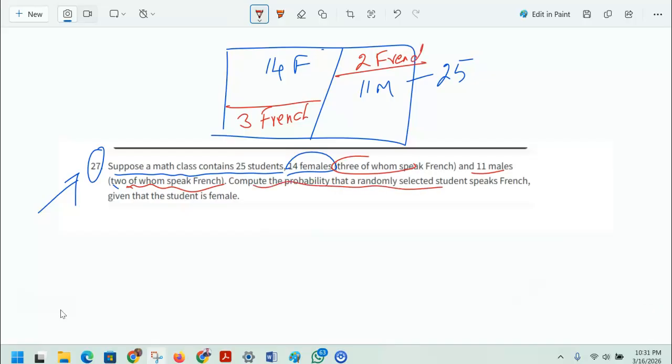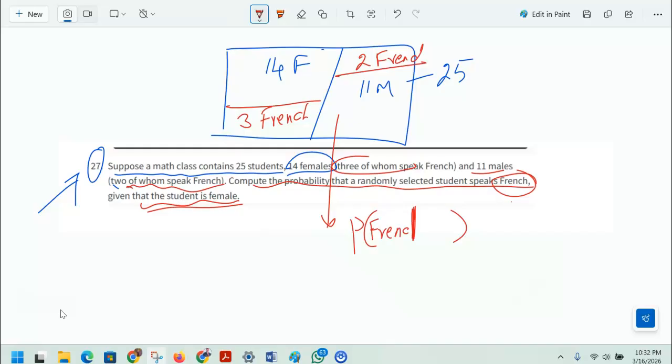So what is the probability that if you select a student, he speaks French, given that the student is a female? So probability of speaking French, and it is told that the student is female.